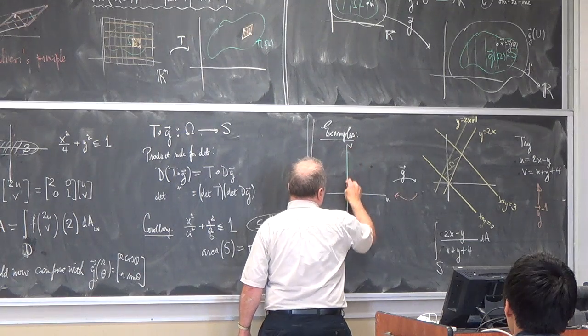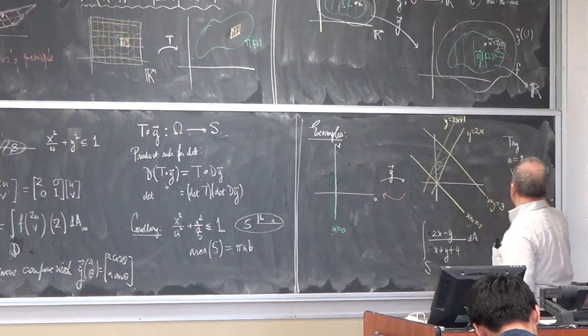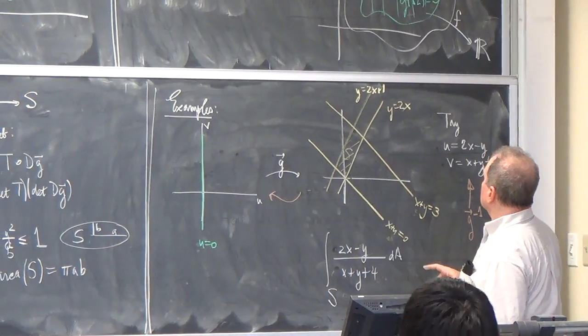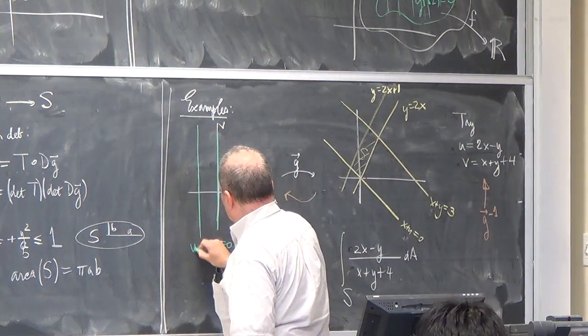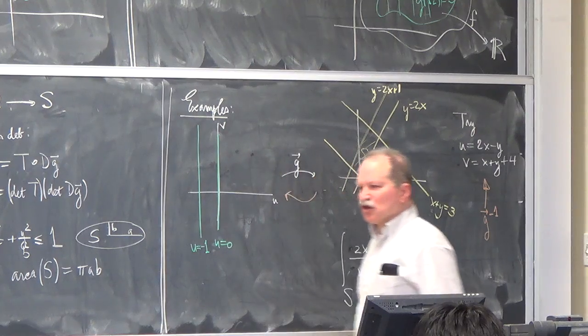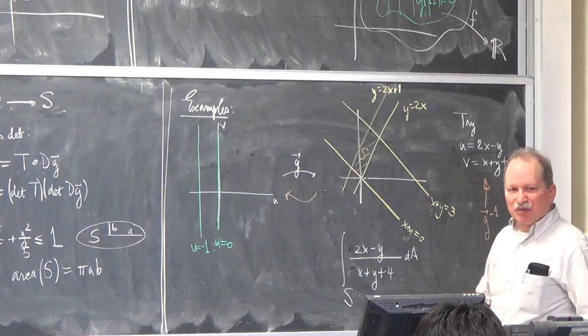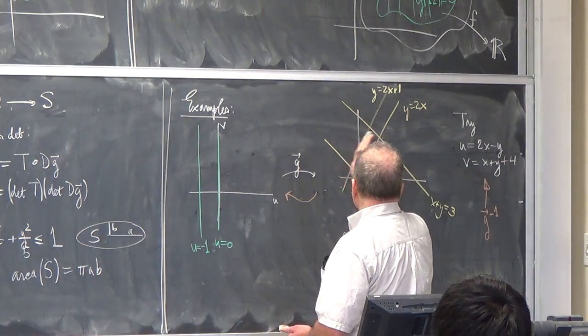U equals 0 maps to y equals 2x. What about y equals 2x plus 1? So u equals -1. You might prefer to have done y minus 2x if negatives flip you out. So these lines are mapping to these lines.